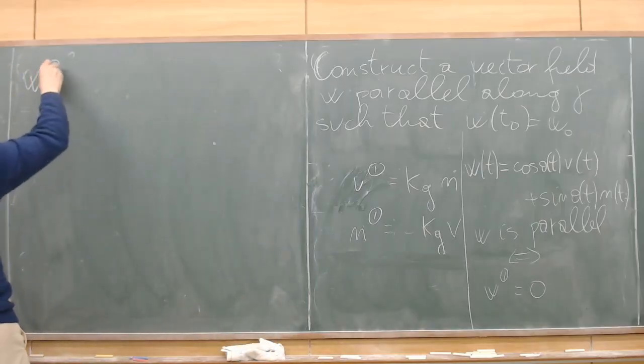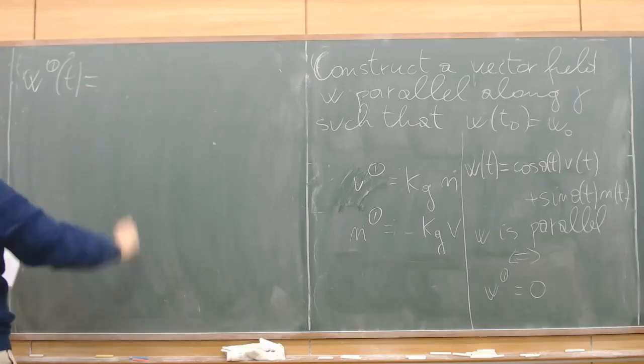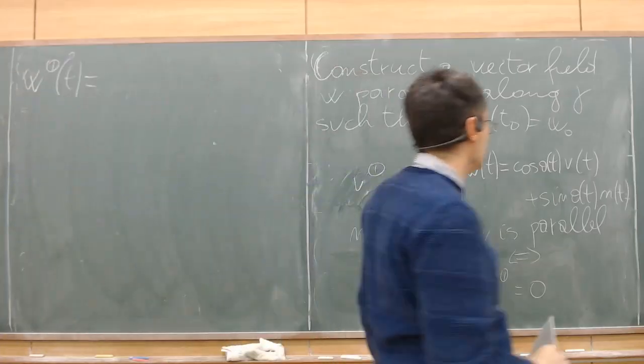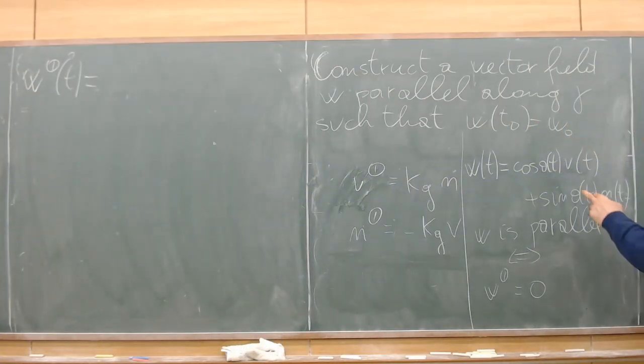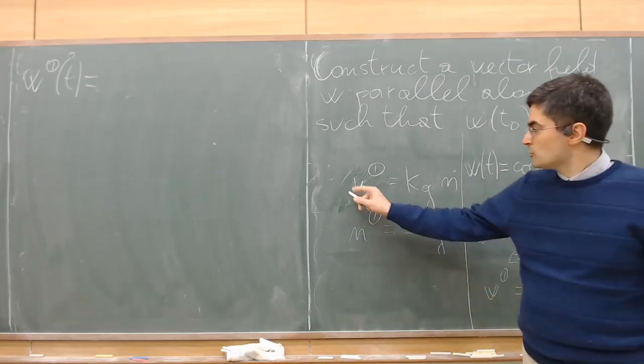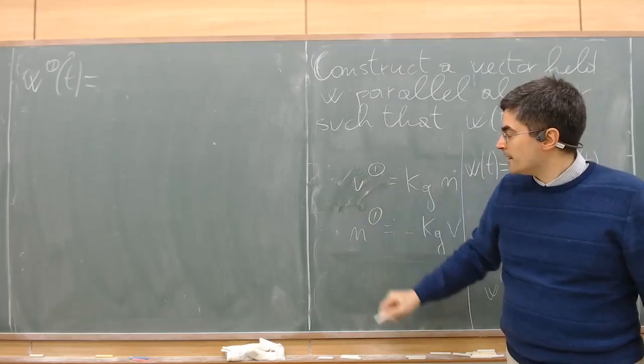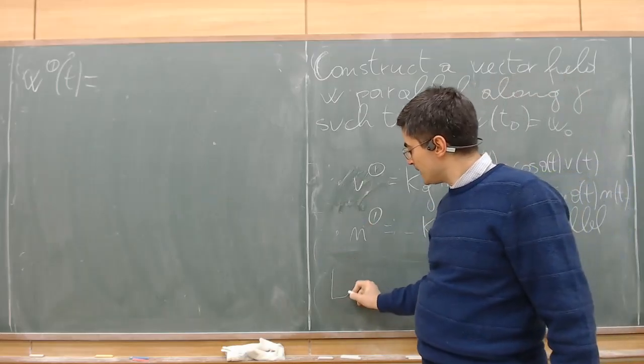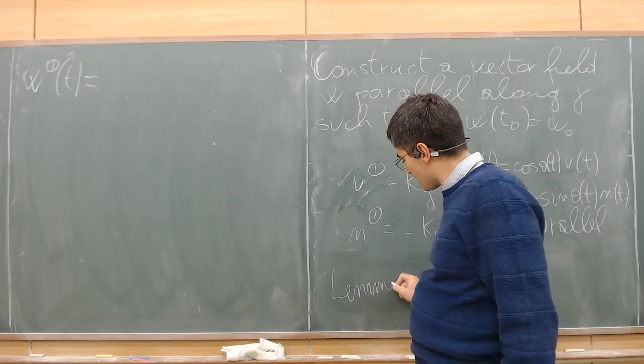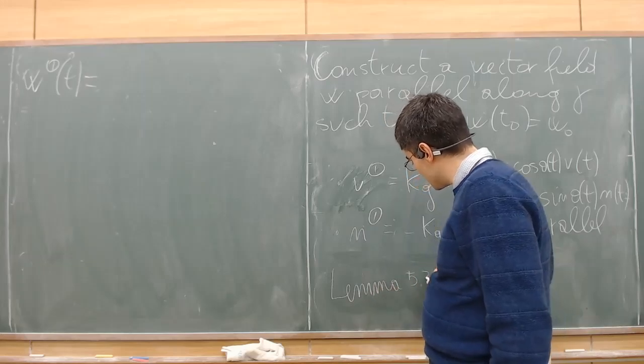W prime of t can be determined computing the covariant derivative of this vector field, and when we compute this covariant derivative we use these two formulas, and again lemma 5.39.